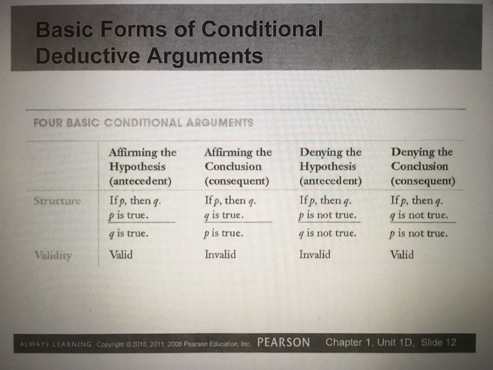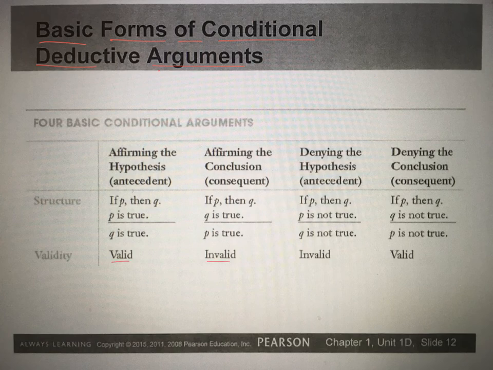So before I get into any actual examples, I want to just go over the basic forms of conditional deductive arguments. And that's basically what we're going to be looking at the rest of this video, deductive arguments. So you may have to go through and talk about some validity or invalidity.